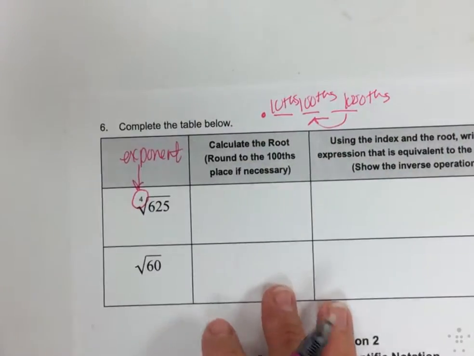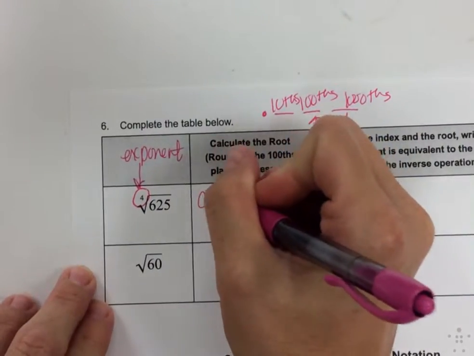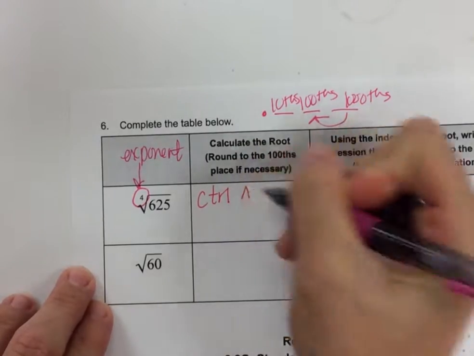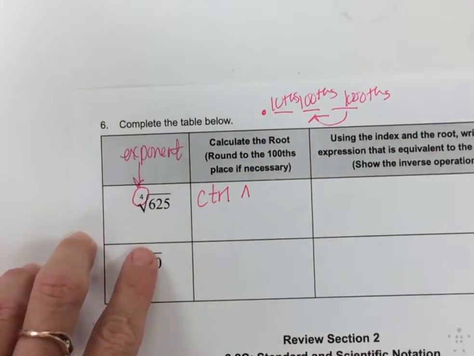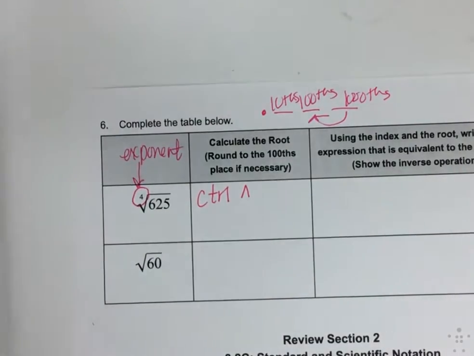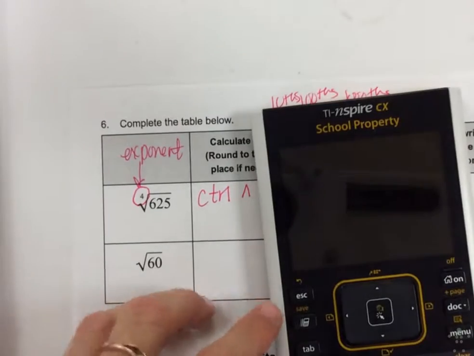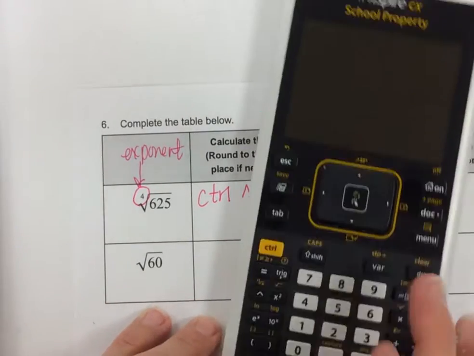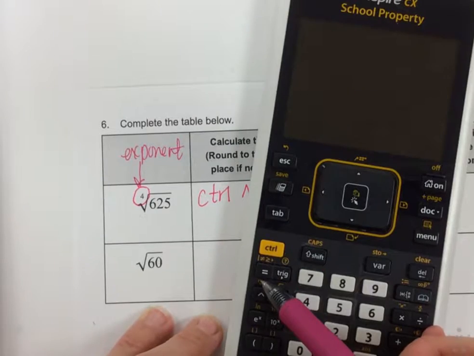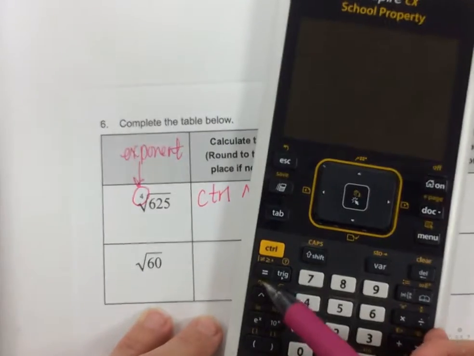All right, so in your calculator, you want to remember you want to do control and then the power symbol, control to the power of, and that's going to give you that index that I can change. You'll have that double blinking box.